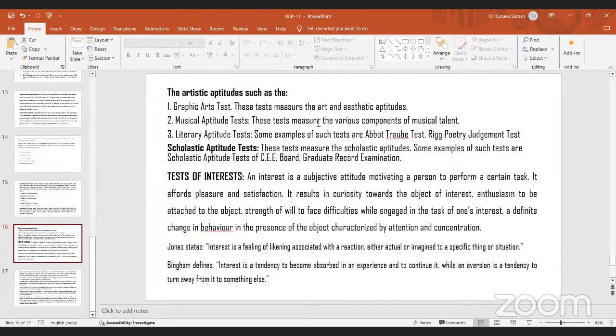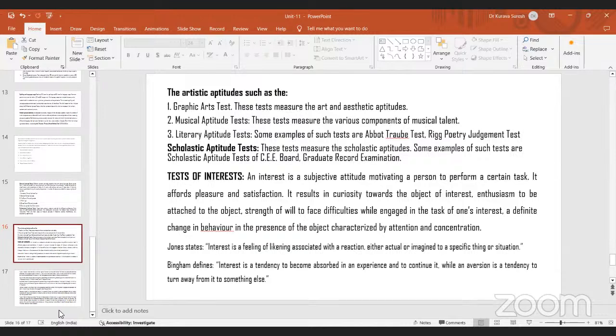Jones: interest is a feeling likely associated with a reasoning, either actual or imagined, specific to the situation. Interest is a tendency to become absorbed.